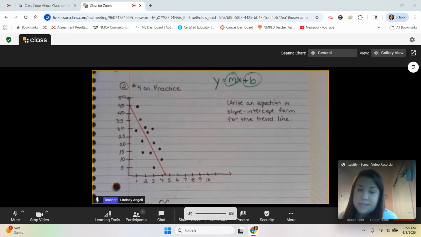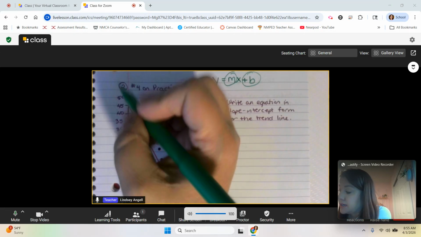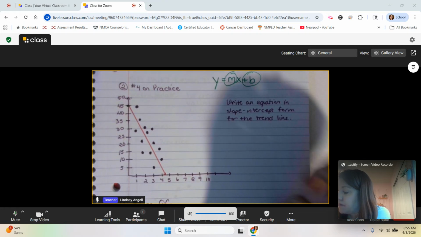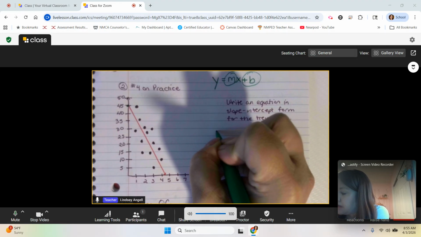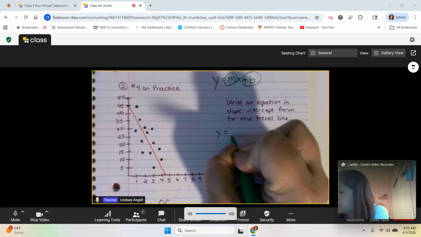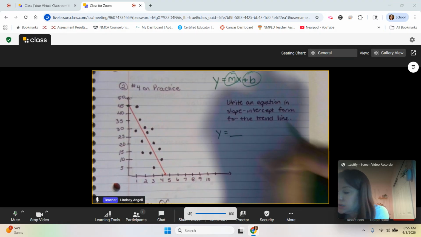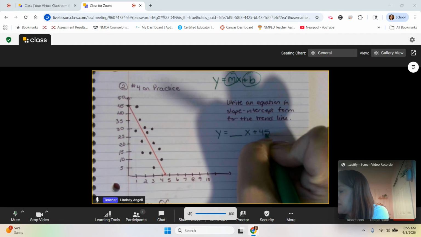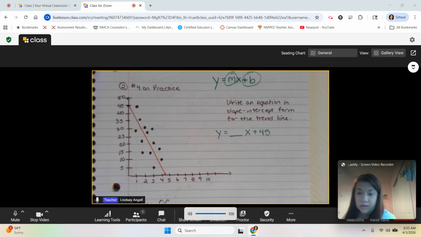The y-intercept is pretty easy. That's where it crosses the y-axis, right here at 45. So in my equation, I could say y equals, and we're still looking for our slope, x, and then plus 45. So that one's easy, right? It's the slope that we need to figure out that can sometimes take a tiny bit more time.